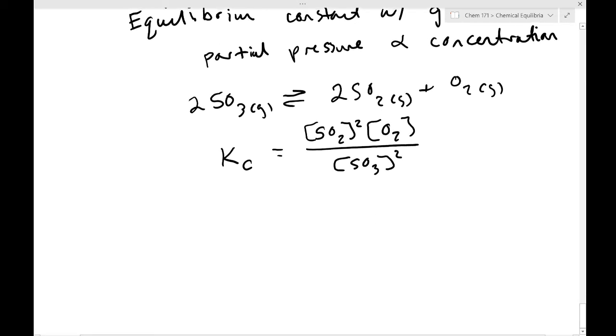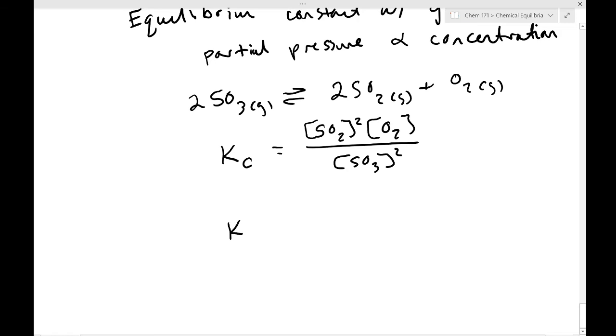We could form something called the Kp, which is the equilibrium constant formed from the partial pressures, and you form it in exactly the same way.